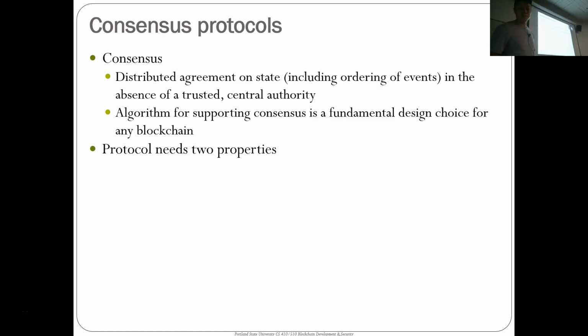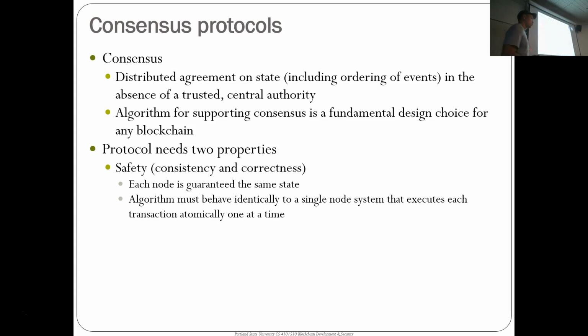Okay, so this is a fundamental design choice for any kind of blockchain that you'll see out there, either permissioned or public. So when we talk about consensus protocols, the consensus protocol needs 2 things. The first thing is it needs safety. So safety refers to consistency: everyone has a consistent view of the state. They're all the same.